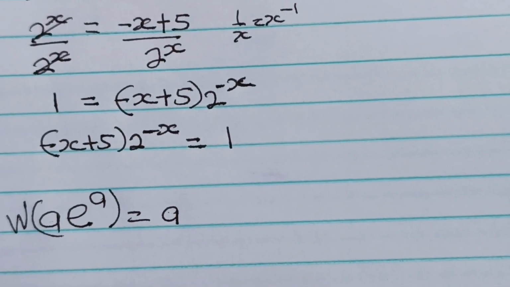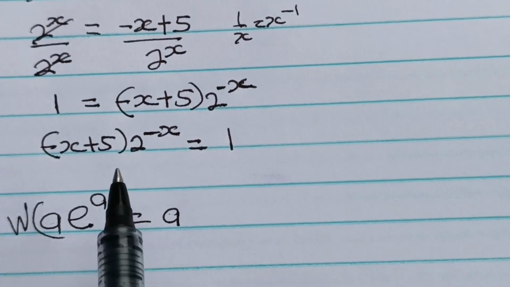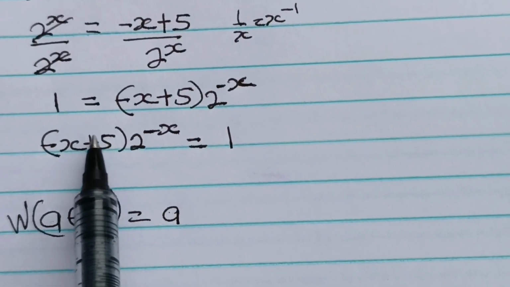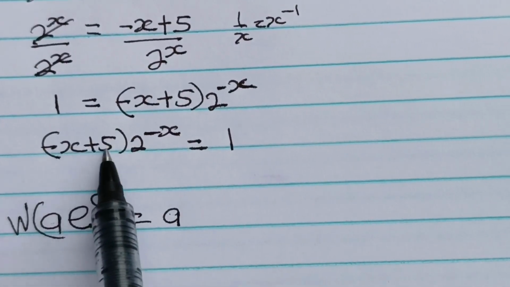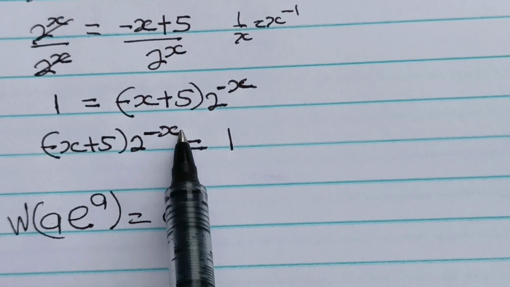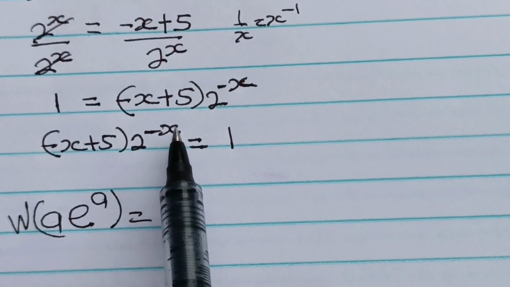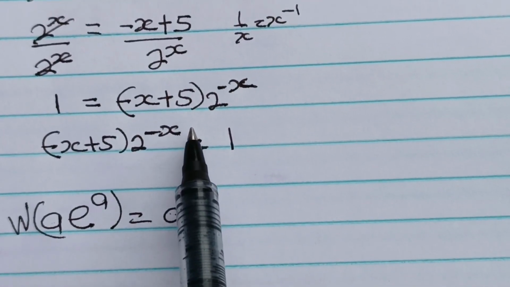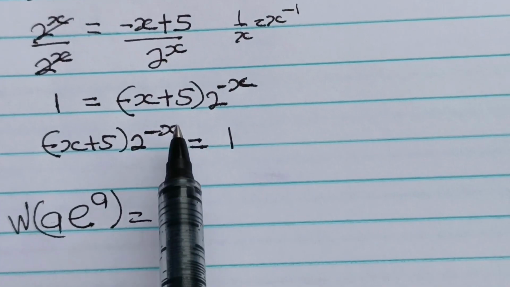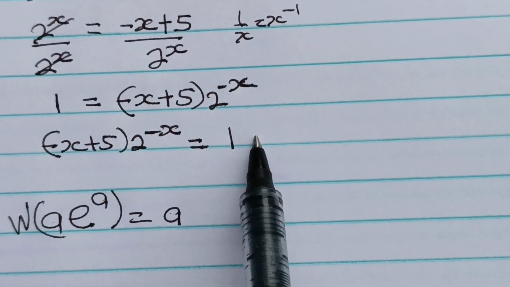The only way to do that is, we already have something like this here, so let's also have exactly this as our power, and that means we are going to add 5 to this power. But we cannot just add 5 to this power, we're also going to do the same thing here.